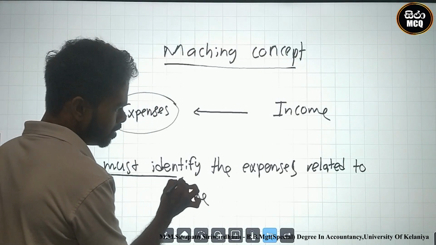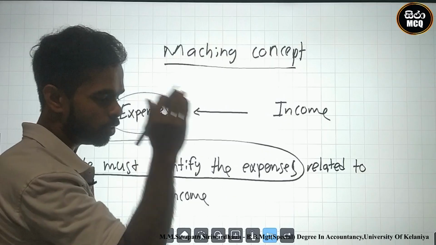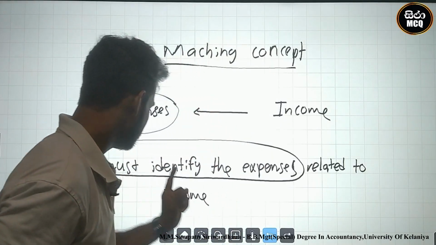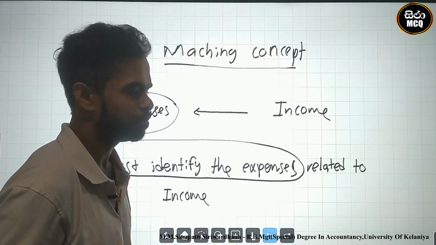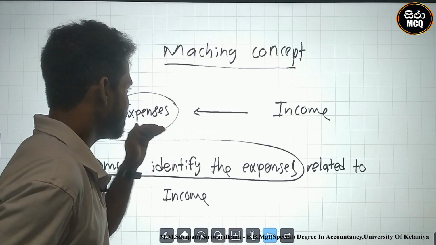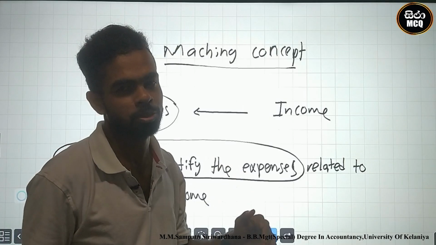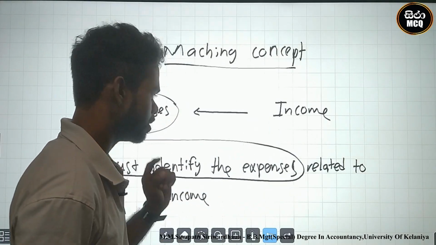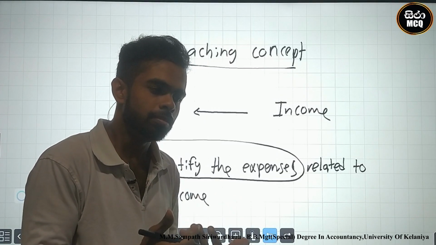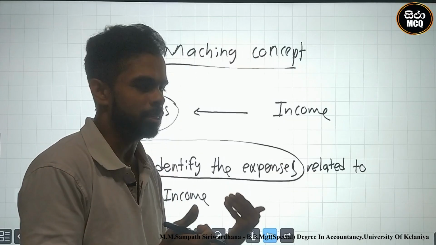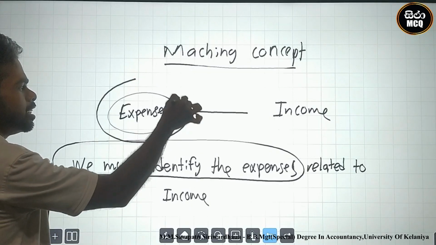This matching concept is focused on identifying the expenses related to income. This is the identification guideline for expenses. If there is an income in the business, we must identify the income-related expenses. This is the matching concept guideline for expense identification.